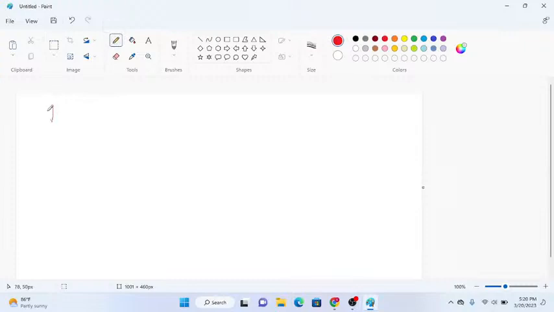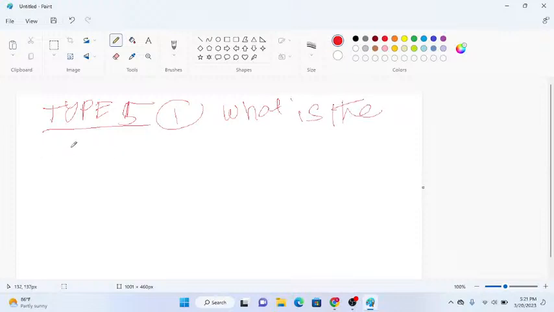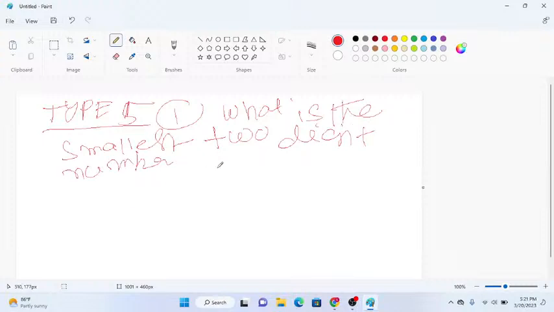The first question is: what is the smallest two digit number which is a perfect square?